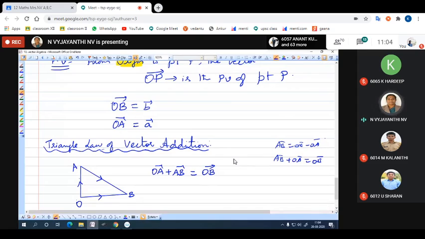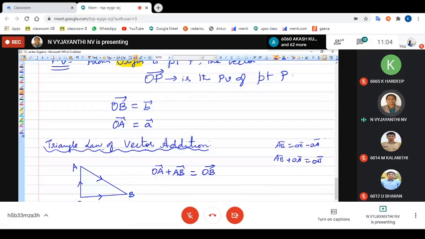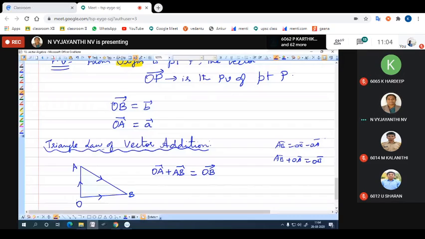If you add OA plus AB, that will be equal to OB vector. Got it? So this is called the triangle law of vectors.